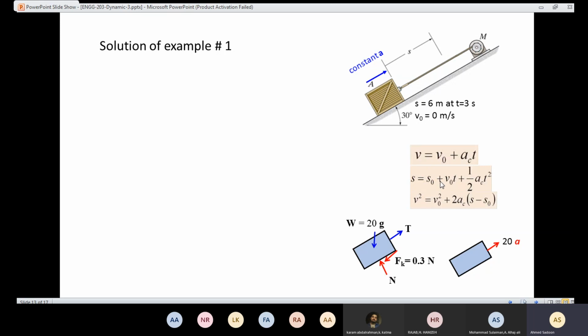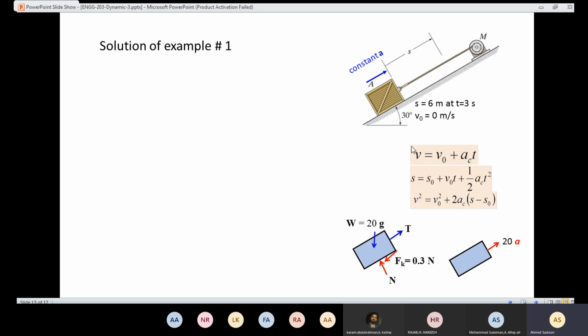I know the initial velocity. I know the value of T. We said that the position is going to be 6 meters when the time is 3. Also, I know the time. The only unknown is AC. So if I use this equation, I'm going to be able to determine AC.